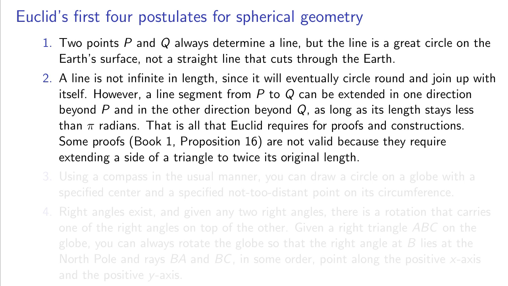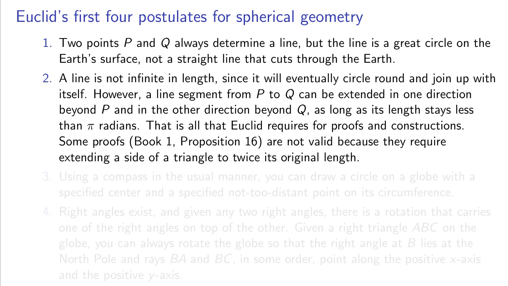If I extend the segment so that its length becomes greater than pi radians, so that it goes halfway or more around the Earth, then the shortest way back to my starting point is to go round the backside of the Earth. So as long as proofs do not require extending a line so that its length becomes more than half the circumference of the Earth, Euclid's proofs are valid.